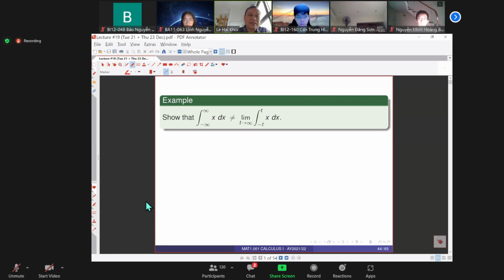Please pay attention: this definition is quite different from the case where only the upper limit or the lower limit is infinity. It should be understood as the convergence of both integrals, from negative infinity to c and from c to plus infinity.